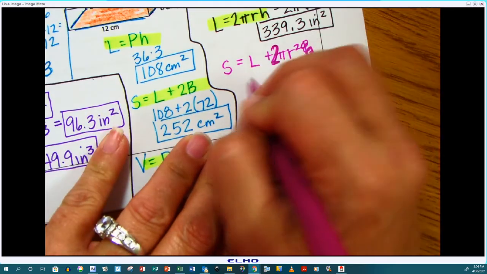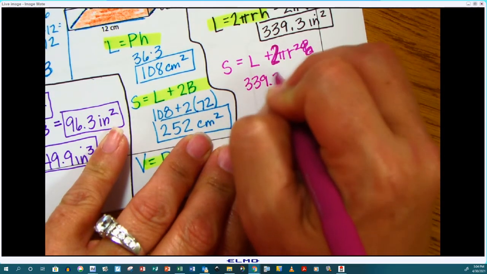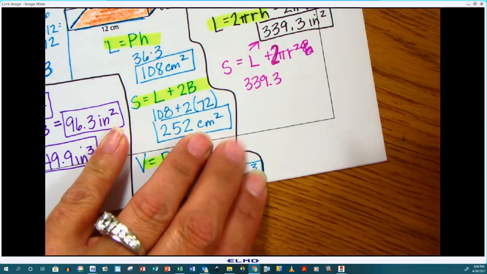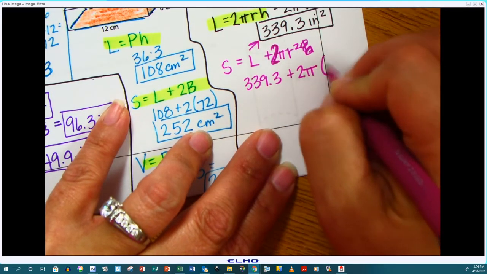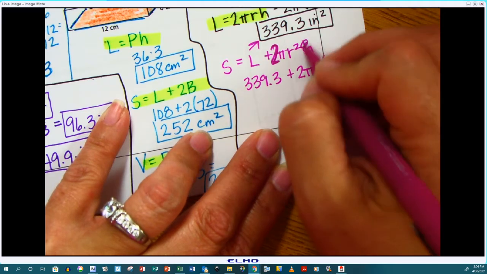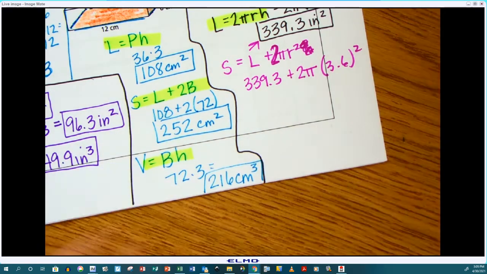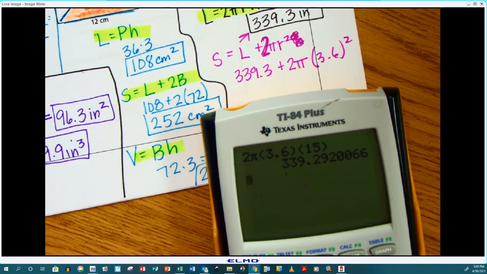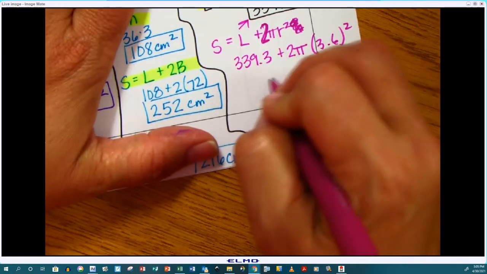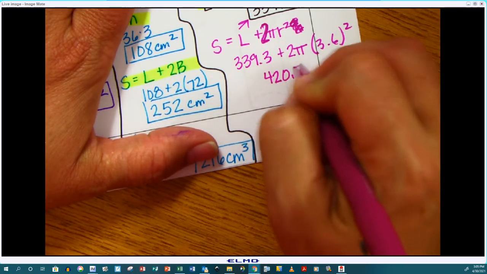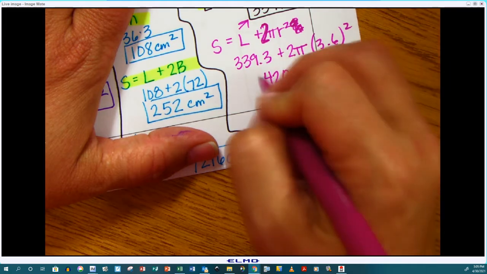Lateral area we said was 339.3. Okay, remember lateral area is that one right there. Plus 2 pi 3.6 squared. So now we still have our previous answer there. So 420.7 inches squared.